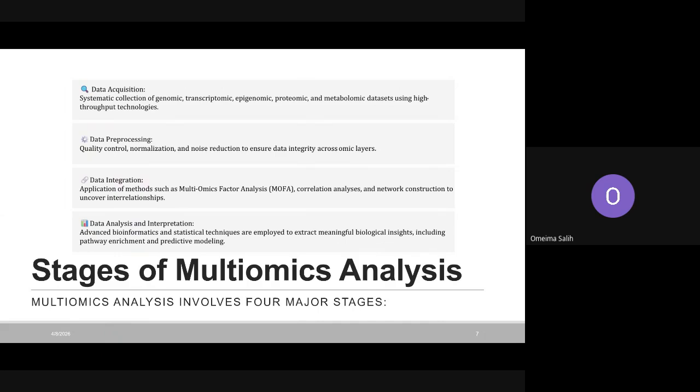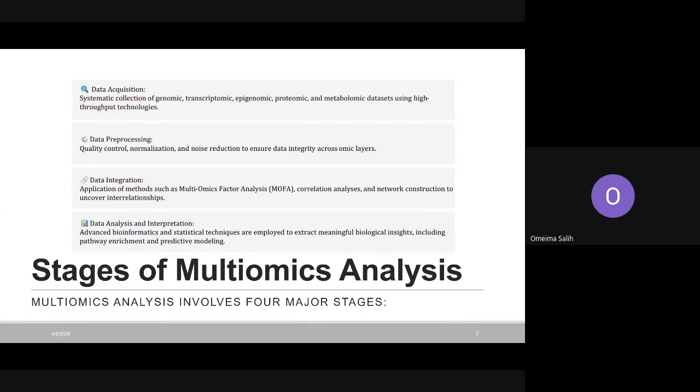The first stage is data acquisition, and of course, this depends on the type of omics that is related to your study or your research question. You could be combining genomics and transcriptomics, and that's it, or maybe combining genomics, transcriptomics, and proteomics, and this is another way, again considered a multi-omic study.